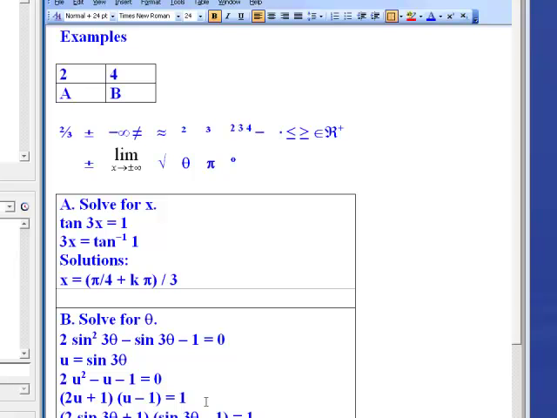And then we're actually supposed to add the periodicity here of 360 to it, so plus k 360. And then because we're actually solving sine 3 theta, we have to divide by 3, so we come up with 70 degrees plus k 120, and here of course 110 plus k 120 degrees.